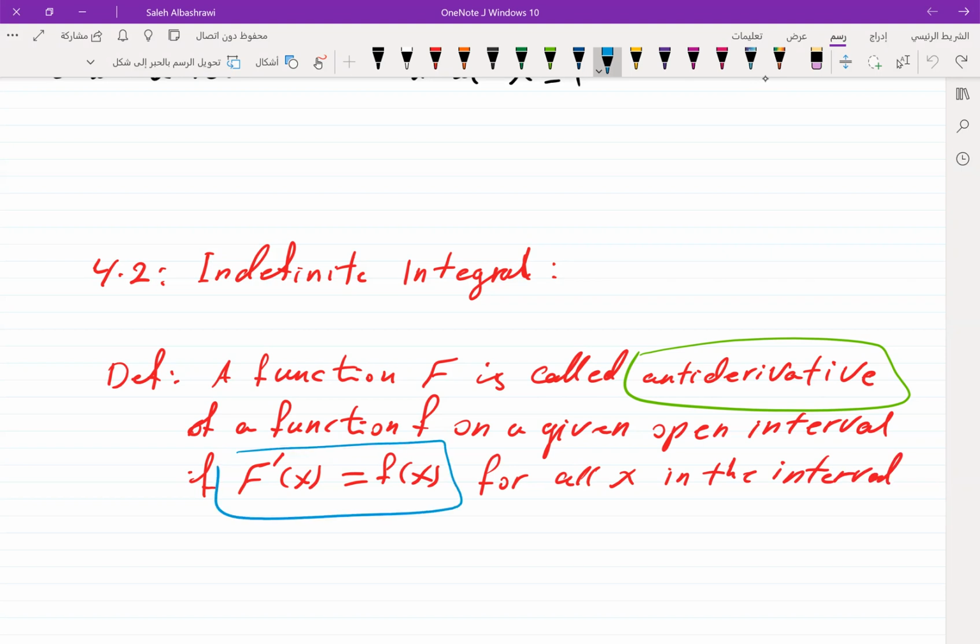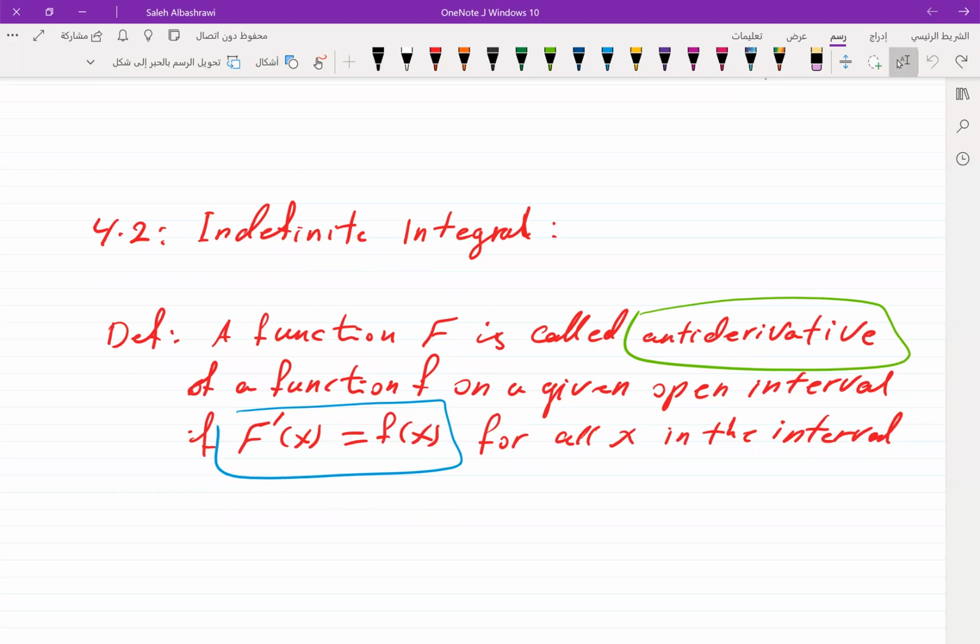If the given function capital F is called the antiderivative of a given function f, then the derivative of capital F equals small f for all x in the given interval. This process of finding the antiderivative is called integration.